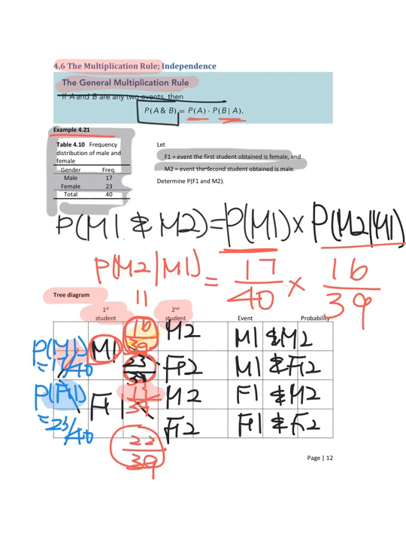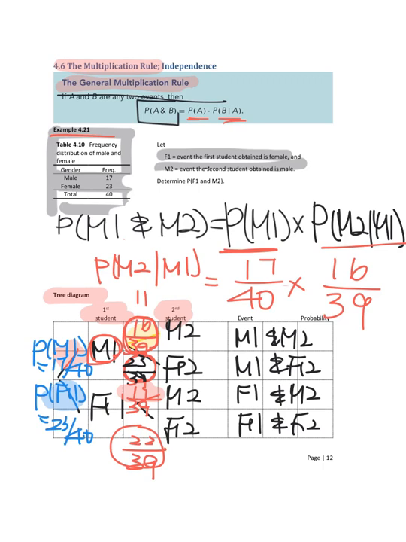On the tree, we show all combinations: male, female, male, female; male 1 and male 2, male 1 and female 2. So 2 by 2 is all 4 cases.